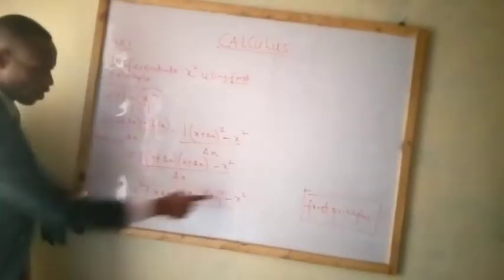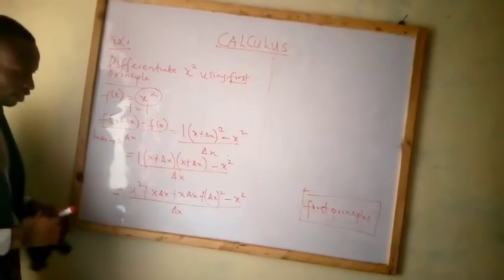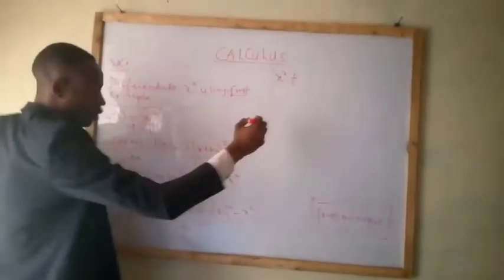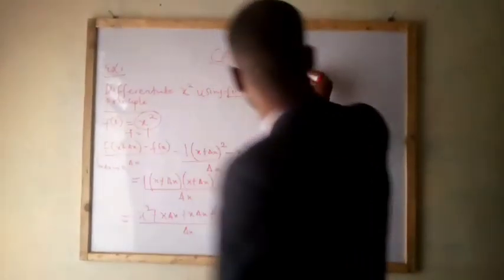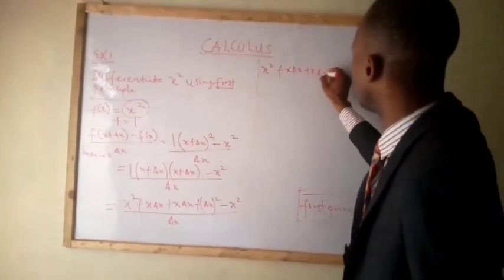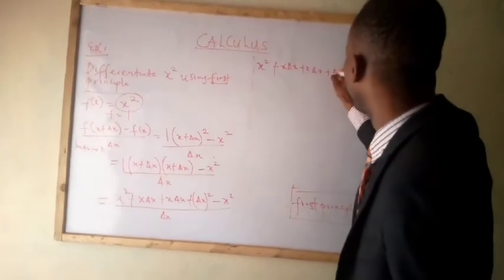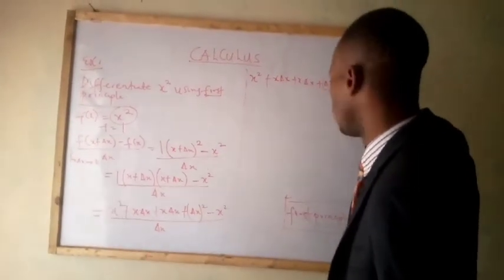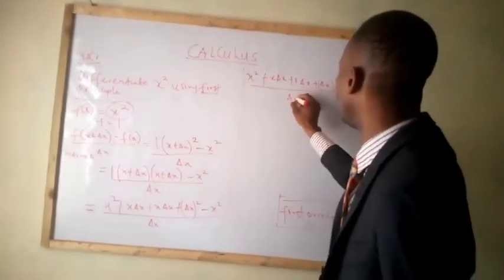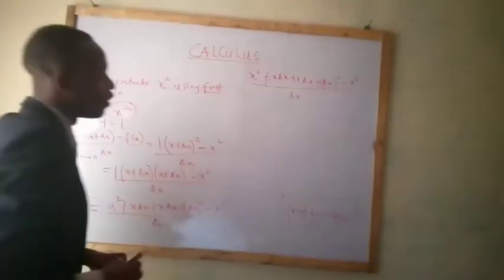Now, from what we have here, let's kindly simplify this. We have our x squared plus x delta x plus x delta x plus delta x all raised to power 2 minus x squared all over delta x. Now, look at what we have here.